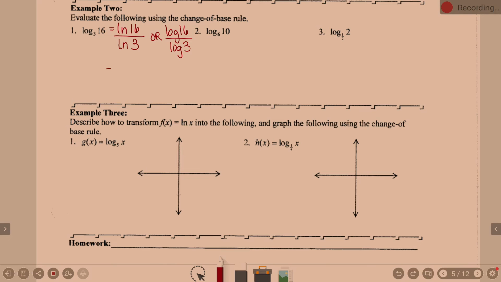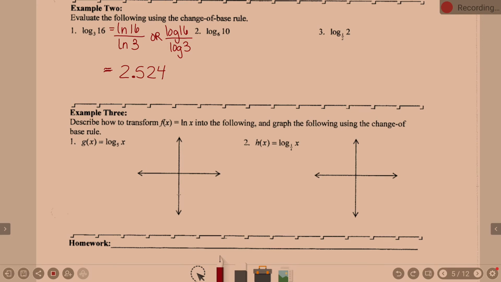Give me an answer, 3 decimal places. What'd you say it was? 2.524. Did you get that all right? Yep.